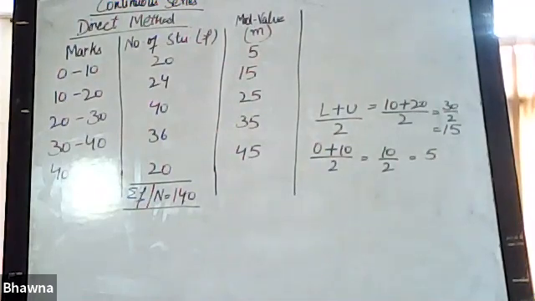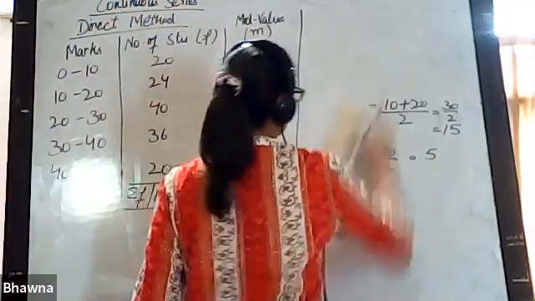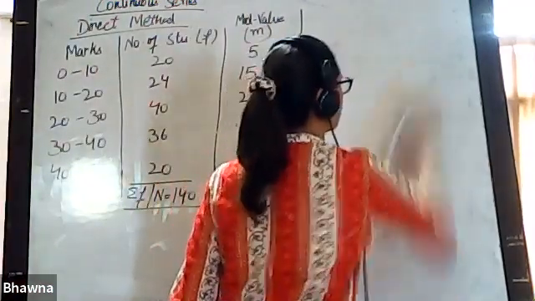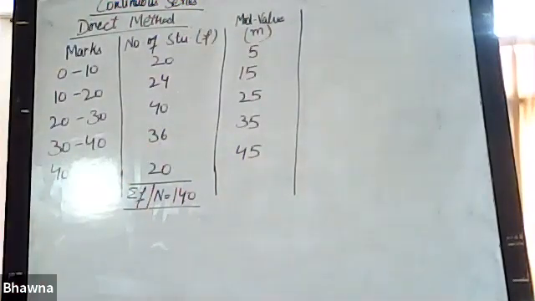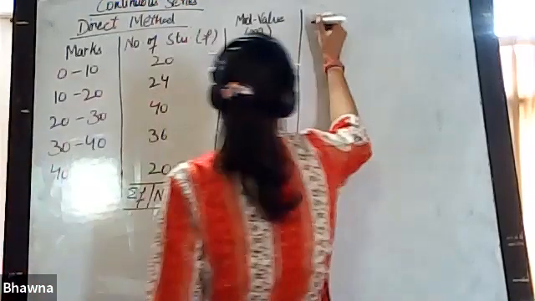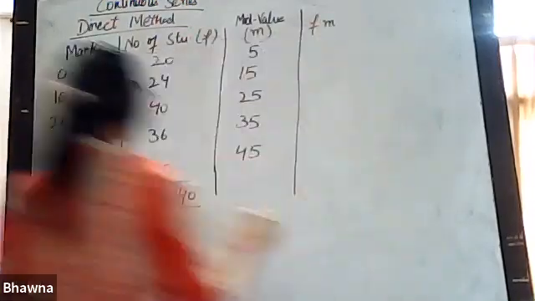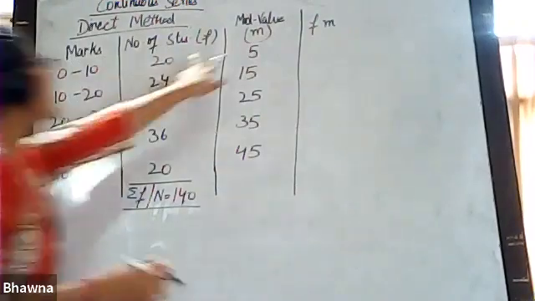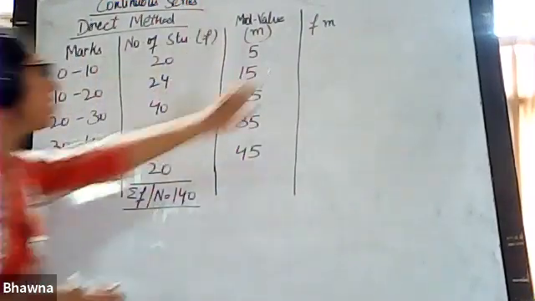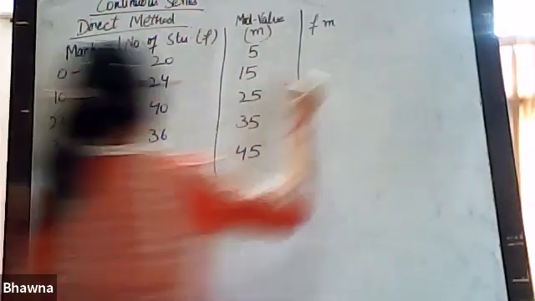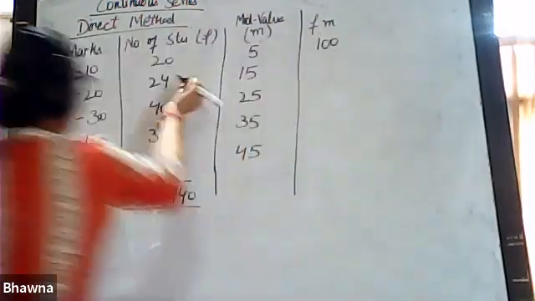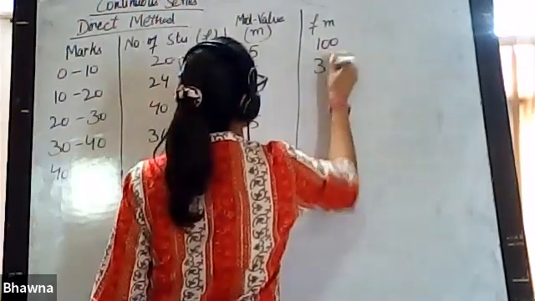After that, we have to calculate the value of Fm. It is also very simple because we have the value of F and also M here. So now we multiply both the values F and M to solve the value of Fm. 20 into 5, 100. 24 into 15, that is 360.